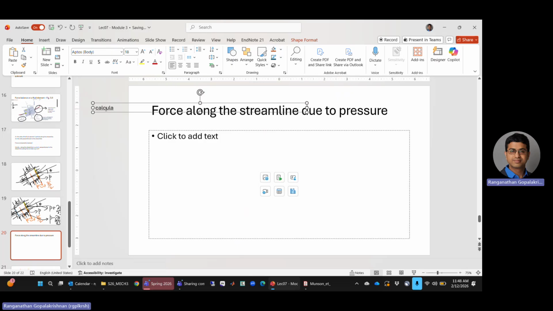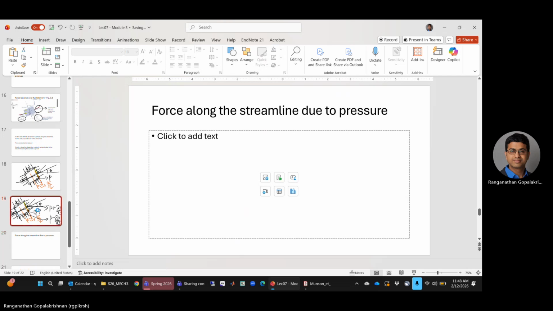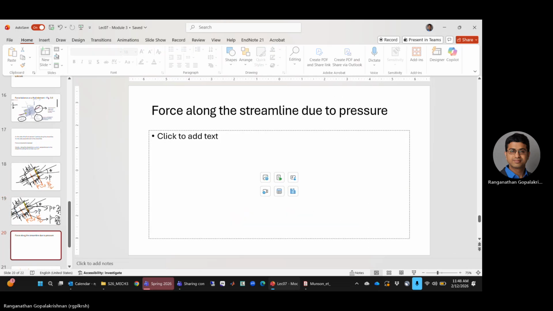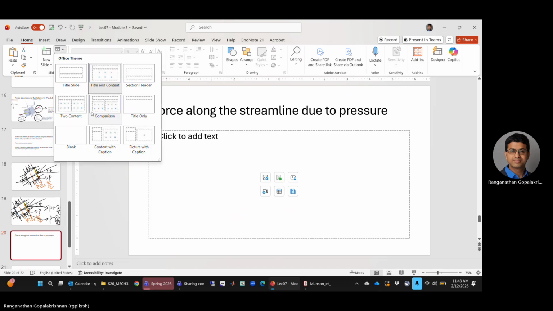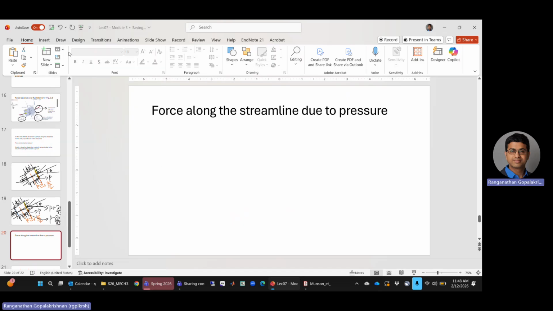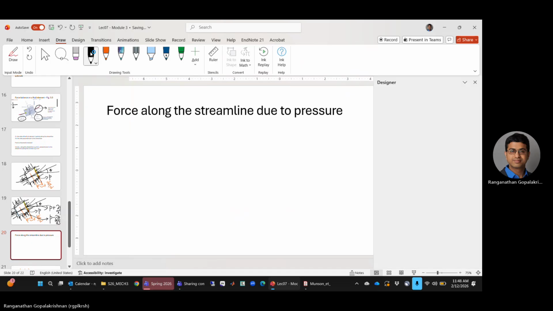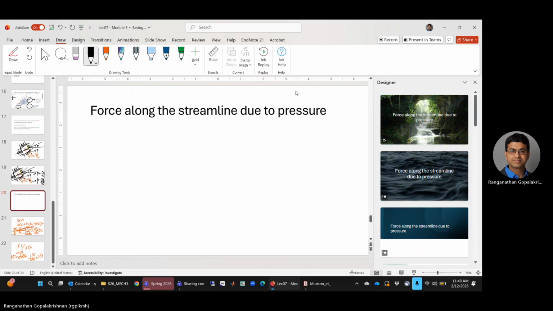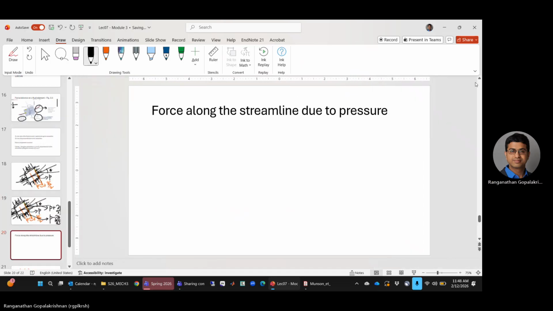So what will be the force along the streamline due to pressure? At least tell me how you'll calculate. Yes. Pressure multiplied by area is force.